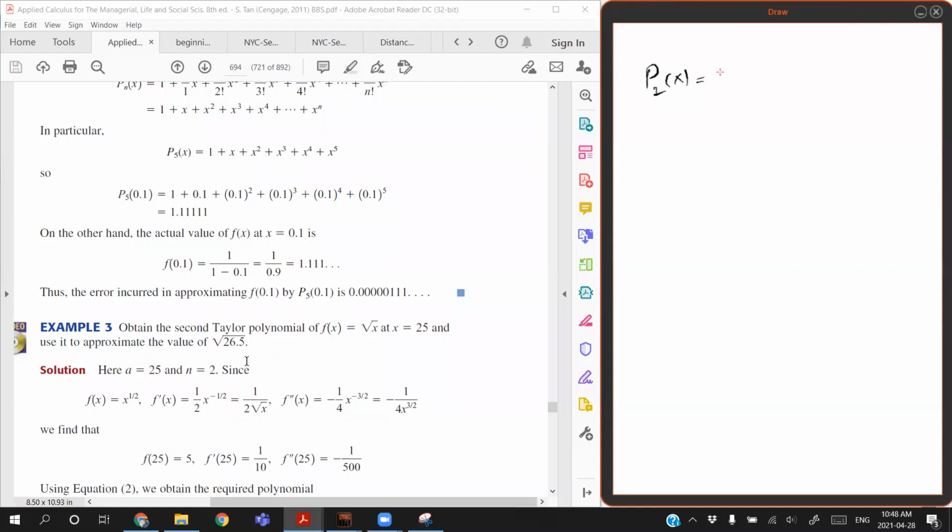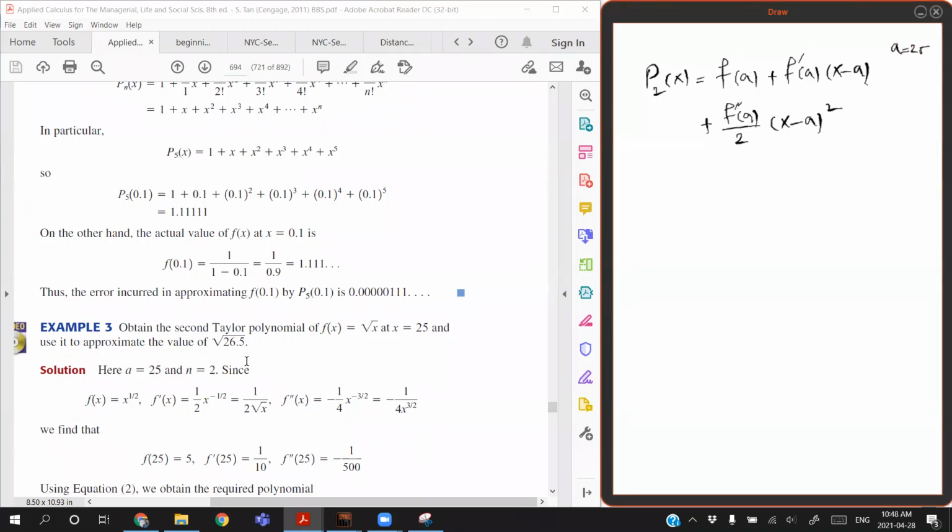It's going to be f of a plus f prime of a times x minus a plus f double prime of a over 2 factorial, which is just 2, times x minus a squared. So the only thing I need to do is to figure out f of a, f prime of a, and f double prime of a, and in this case, a is 25.